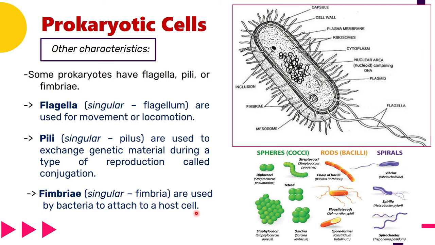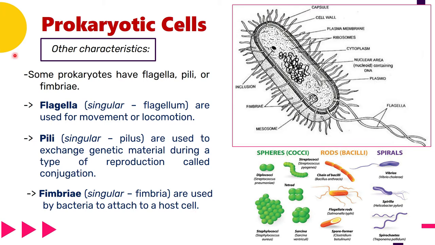So for example, there are bacteria on the surfaces of your skin, surrounded by different microorganisms, including bacteria. In order to secure the attachment of bacteria to our skin, since our skin is made up of cells, fimbria or fimbriae would help secure the attachment.